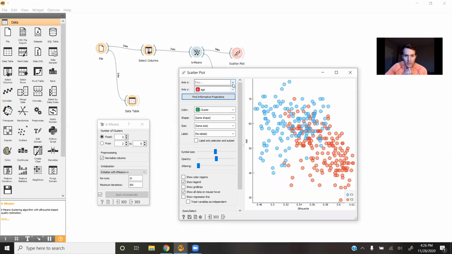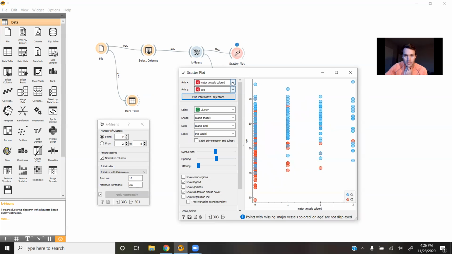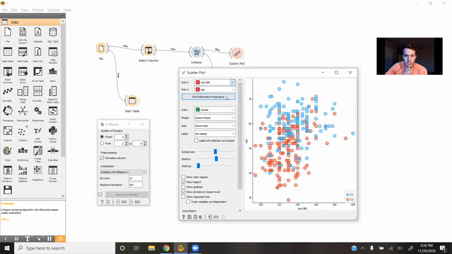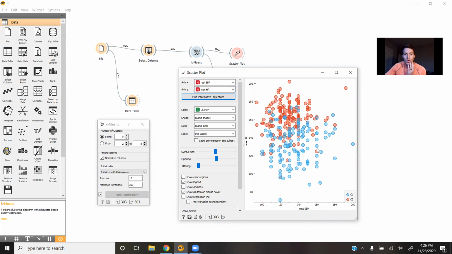Cholesterol, nope, not silhouette. That's not the one I wanted to pick. I wanted to do this one and max heart rate. It's interesting when you look at max heart rate and resting blood pressure, because I think most of us would lump those into similar categories, not the same, but similar.